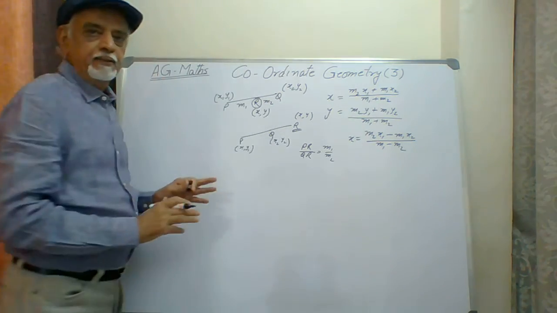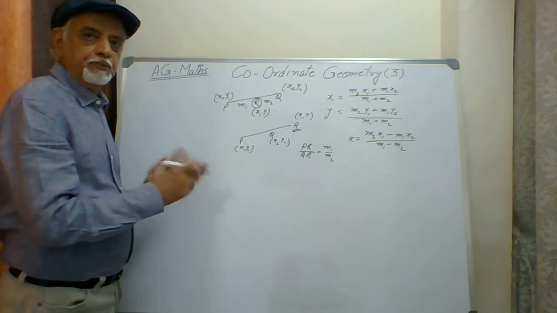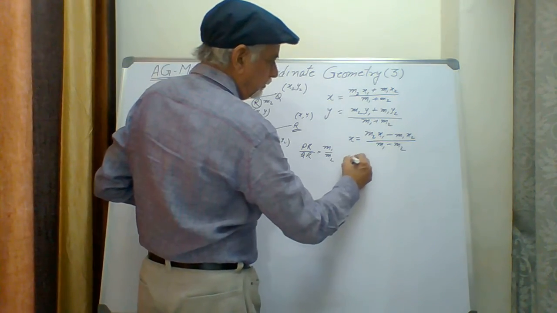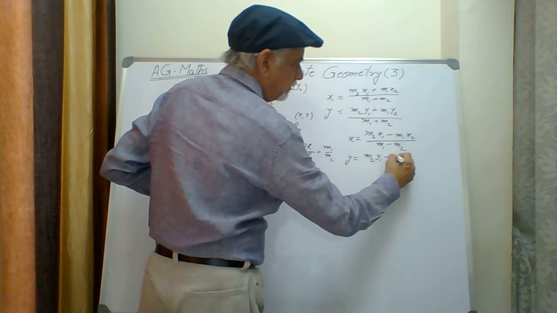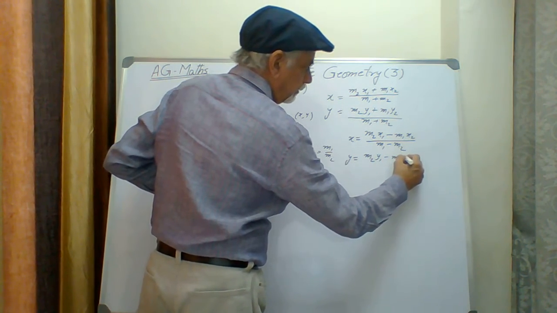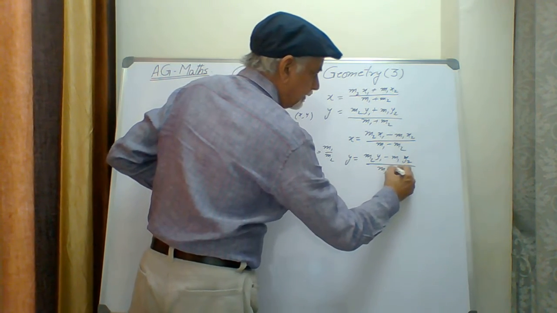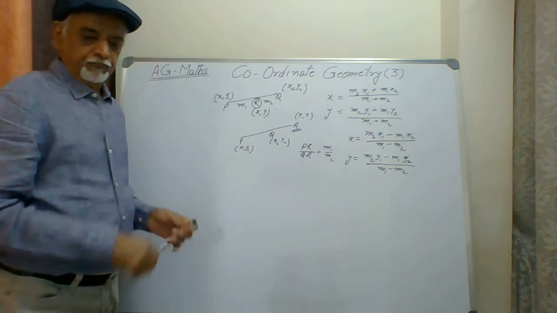Both the plus signs of the internal division will change to negative signs. So the y coordinate will be m2 y1 minus m1 y2 over m1 minus m2. So this is the result.